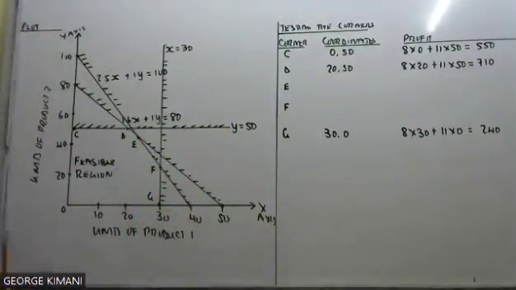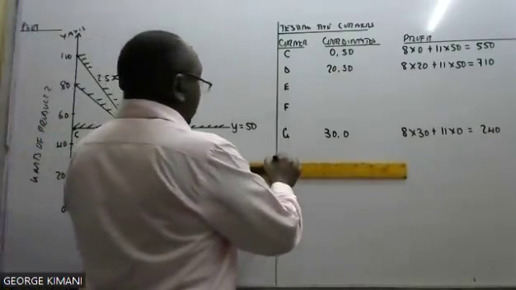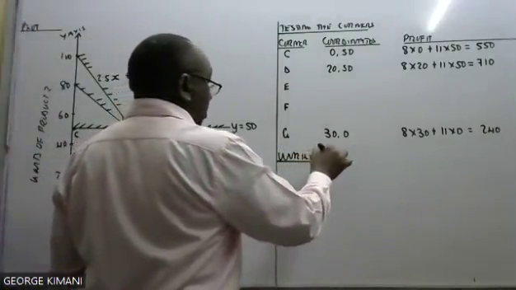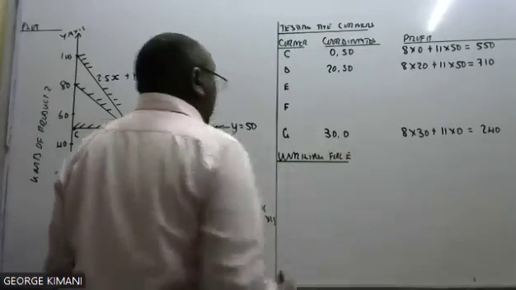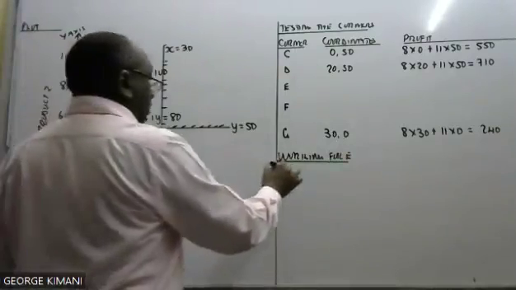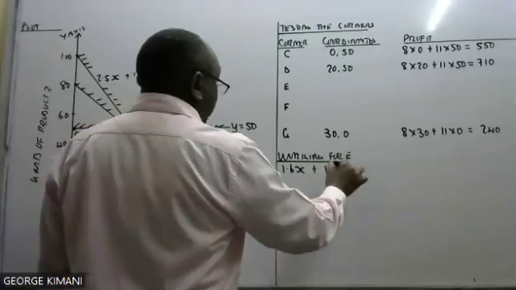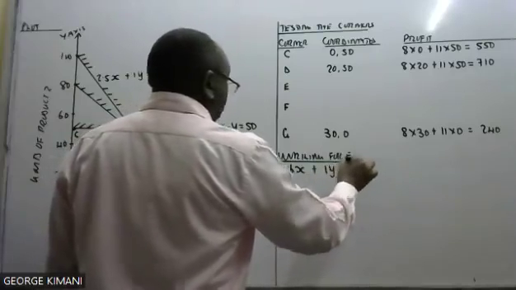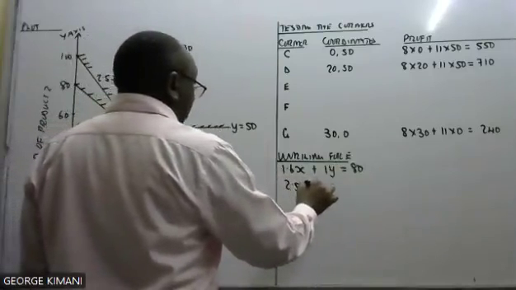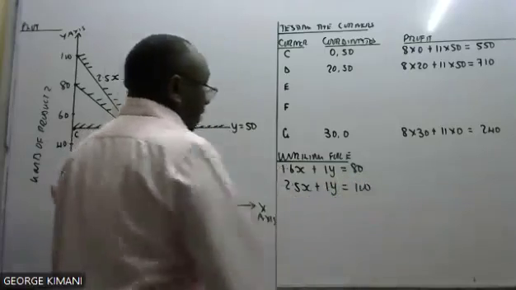that make that corner simultaneous. So working for E. E imetengenezwa na this line ya 1.6x plus 1y is equal to 80. Alafu hapa imetengenezwa na 2.5x plus 1y is equal to 100.